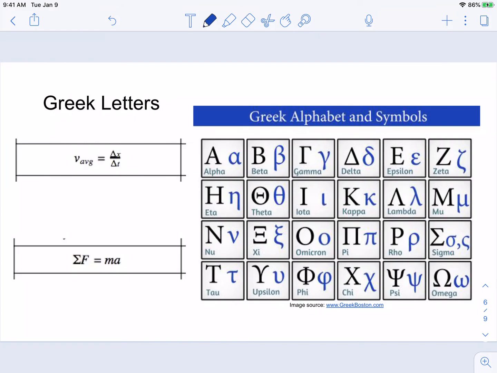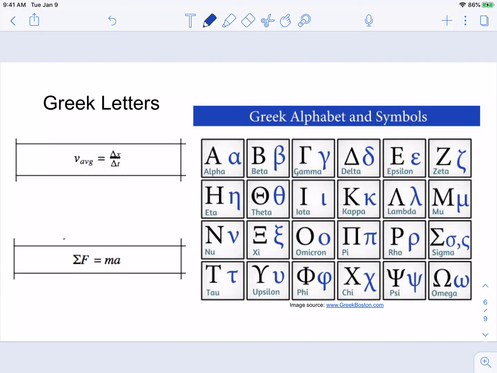We have so many equations, and I already told you we're double using letters, capital or lowercase. We don't just use the English alphabet. We also use the Greek alphabet, the Russian alphabet. We take symbols and letters from different places and use them as variables for different things in physics class. And so being familiar with the Greek alphabet is so handy.